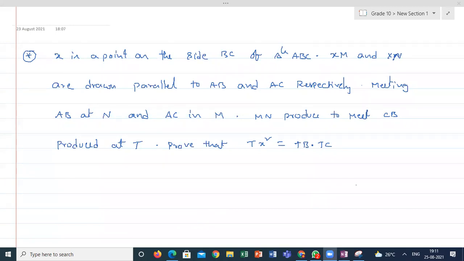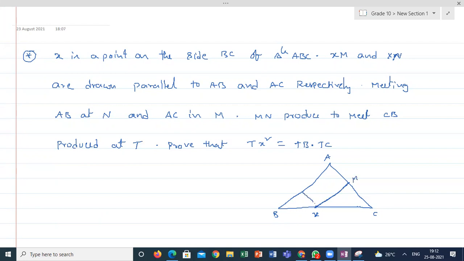So X is a point on side BC of the triangle. So I'm taking a triangle ABC. X is a point on BC, correct? It's not the midpoint, some point on BC. So what are we doing after that? XM and XN, so we draw one parallel line to AB. This is XM. XM is parallel to AB.